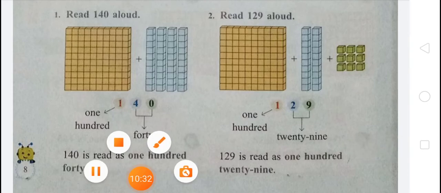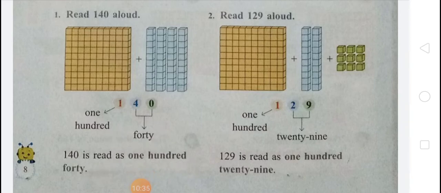And now the next is read 129 aloud. You can see here that there is one block of 100 that makes 100, two blocks of 10 that makes 20, and 9 single blocks, so 100 plus 20 plus 9 makes 129. One is pronounced separately as hundred, and 29 is pronounced together.